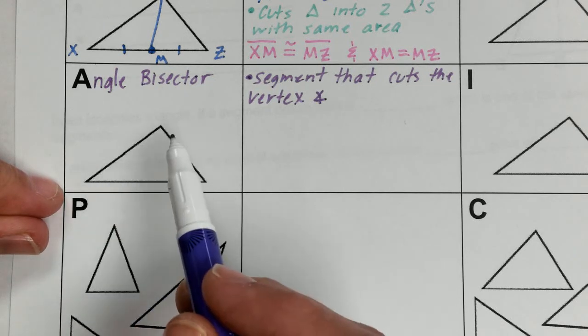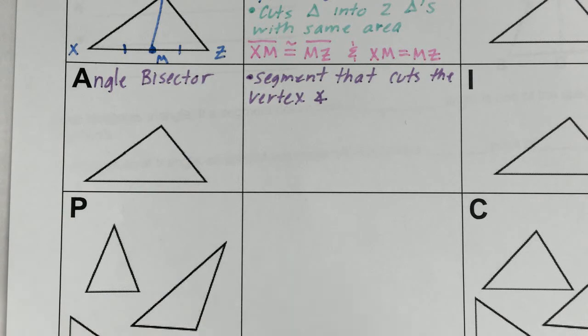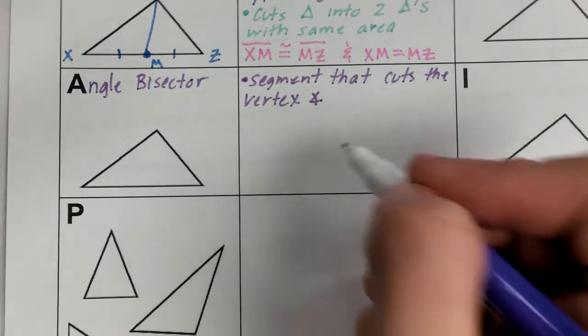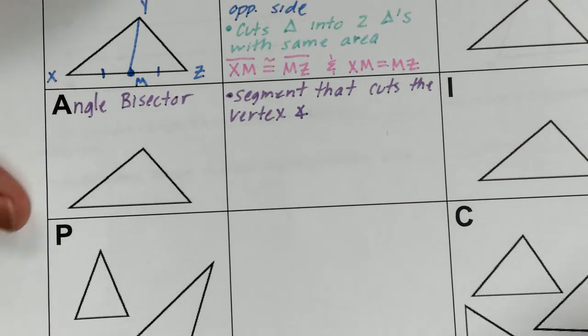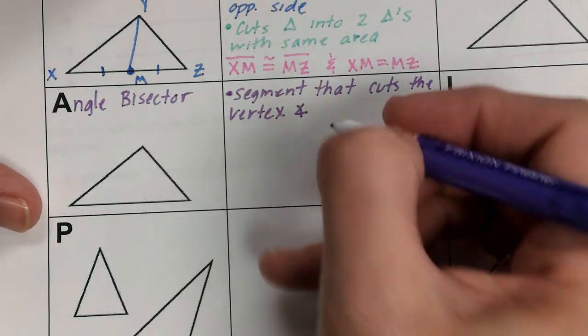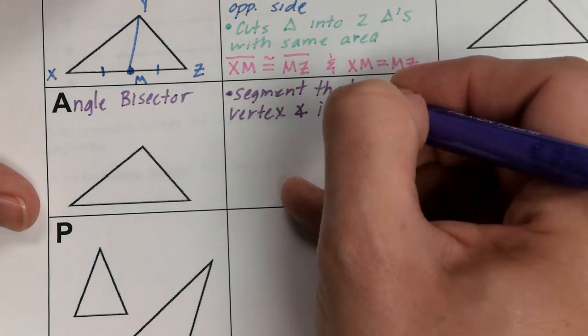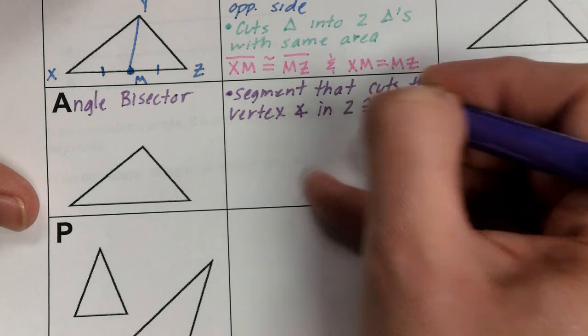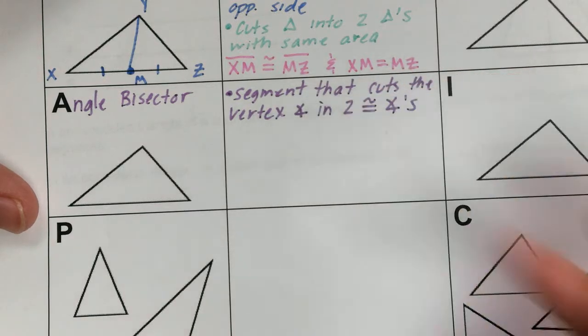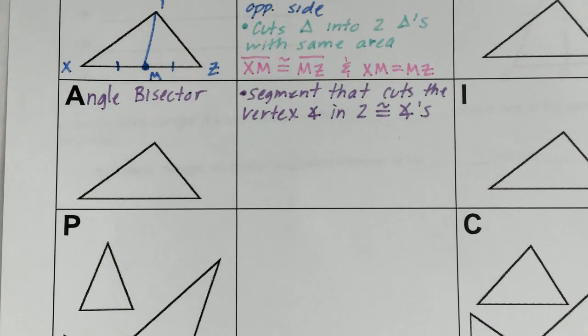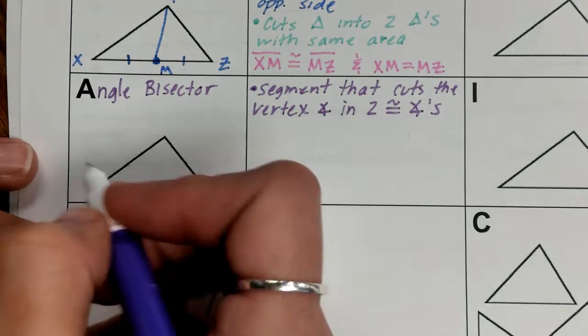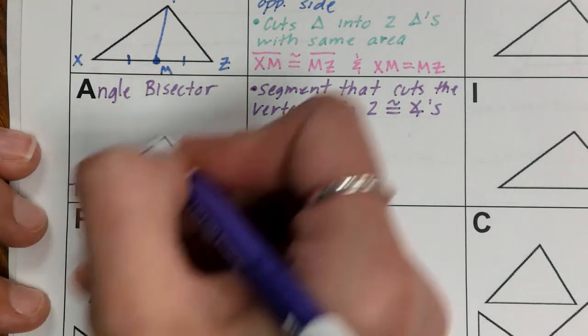So we're looking at vertices as our corners, not corners, okay? So get used to the word vertex. Vertices is plural. It's going to cut the vertex angle into 2 congruent angles. You're going to see a lot of symbols coming up in here. So we need to make sure we understand what all these symbols mean. 2 congruent angles. So on our triangle, we'll go ahead and name this guy over here, triangle TUV.